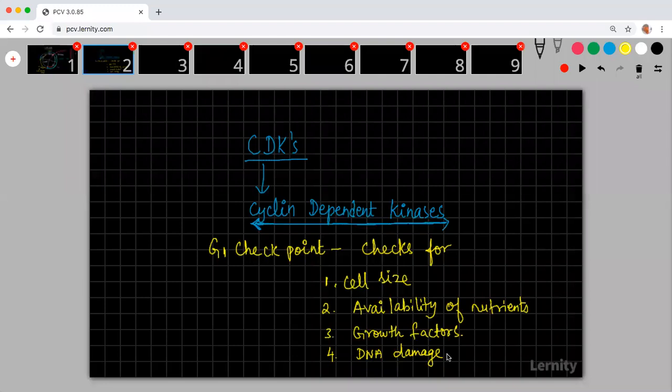So all these things are checked by the G1 checkpoint. Someone is asking, sir, when some deficiency occurs in birth, if checking occurs, why does the deficiency occur? Checking will happen normally, but there are certain cases where damage can happen after this.